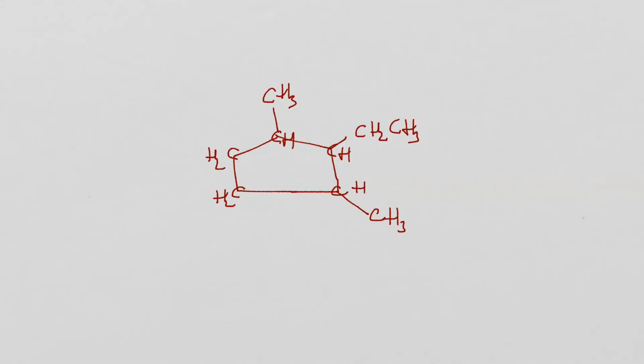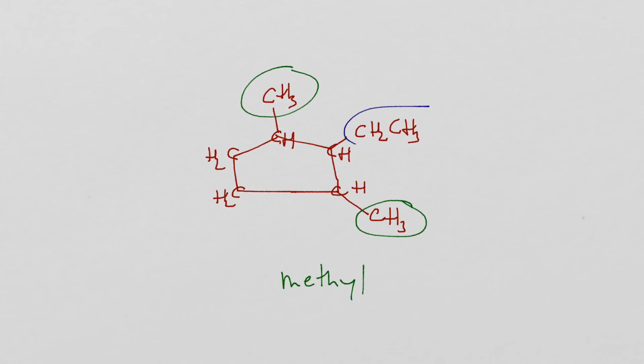And so the student suggested this compound, which has 3 alkyl groups on it. We've got 2 methyl groups that I have circled in green, and then we've got 1 ethyl group. So which one do I choose first?